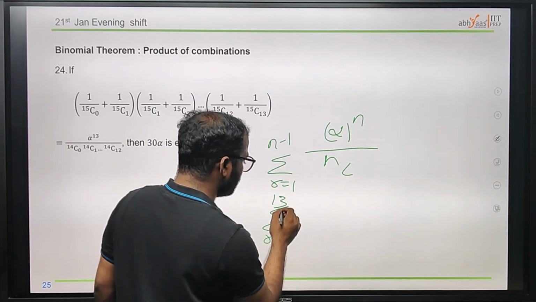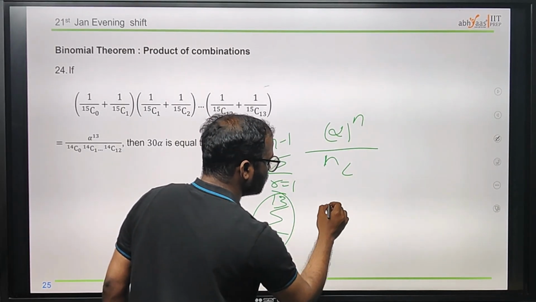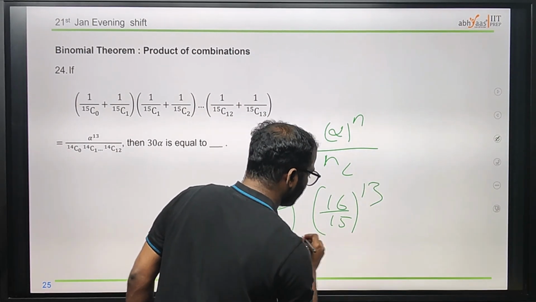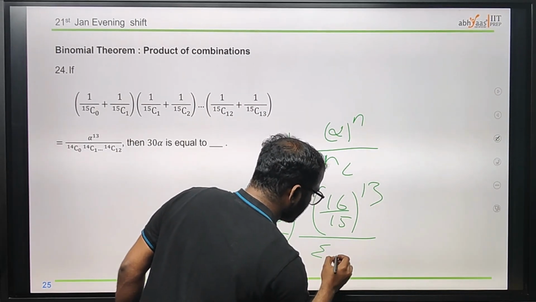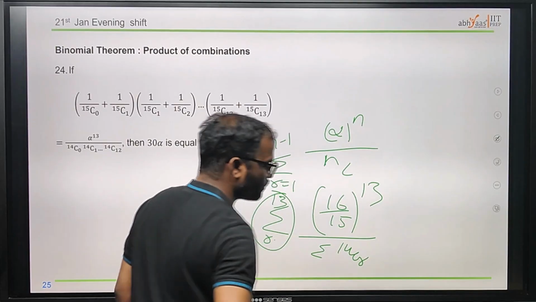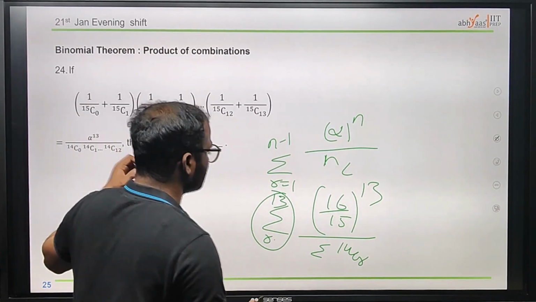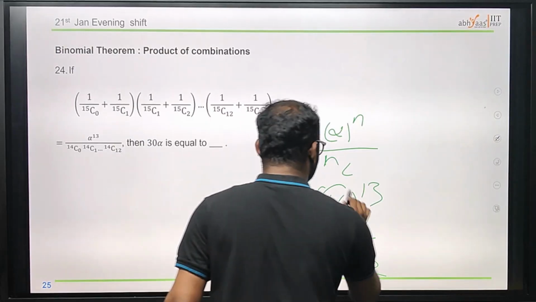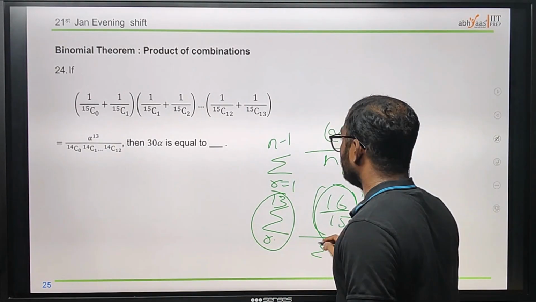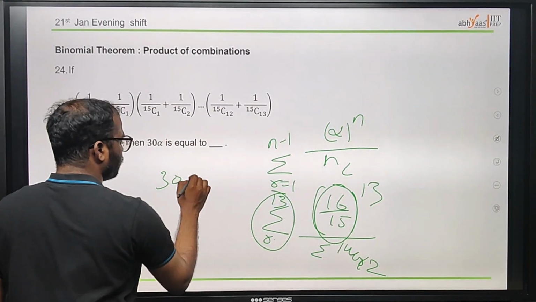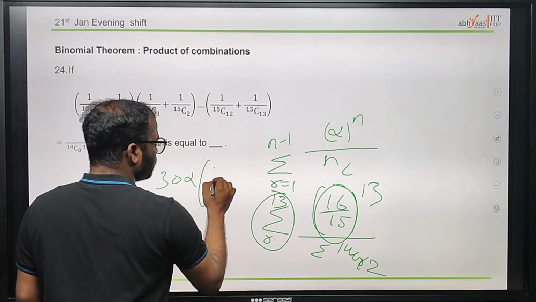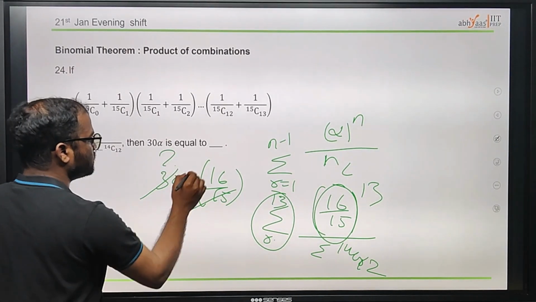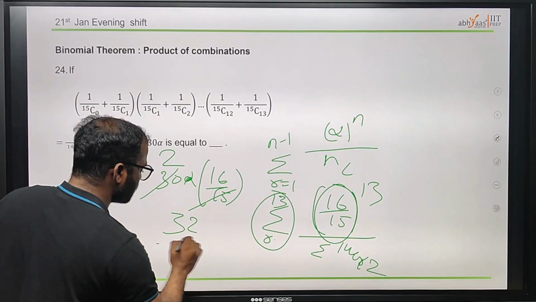The same situation: in place of this, we have 16 by 15 power 13 divided by summation of 14Cr up to 12. Now in place of alpha we have 16 by 15. Therefore 30 alpha is 30 times 16 by 15, 15 times 2, which will be 32, our answer.